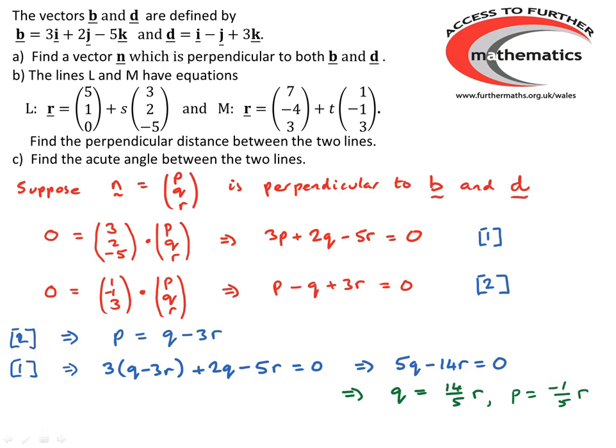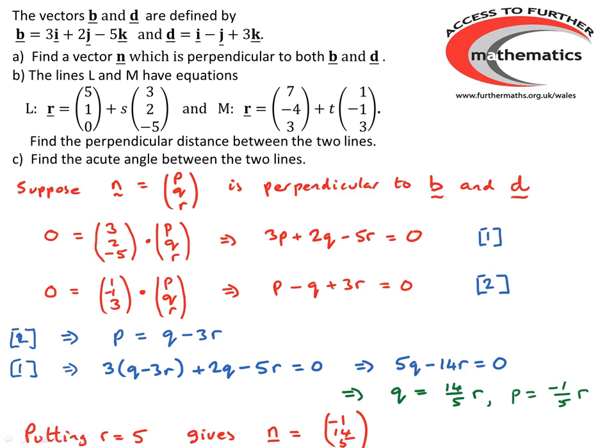Now we can choose the value of r to be whatever we like. I'm going to choose r equals 5, simply because it will remove all the fractions. So that will give me p equals -1 and q equals 14. So the normal vector n, which is perpendicular to b and d, is (-1, 14, 5).